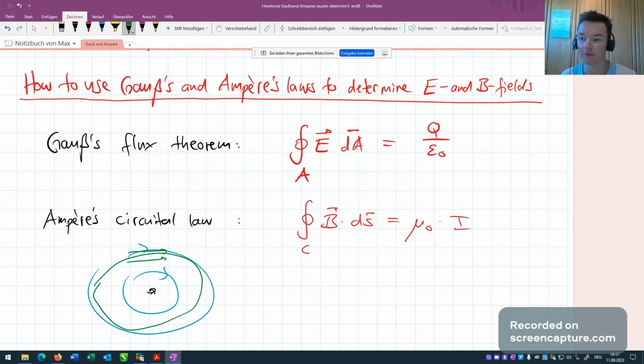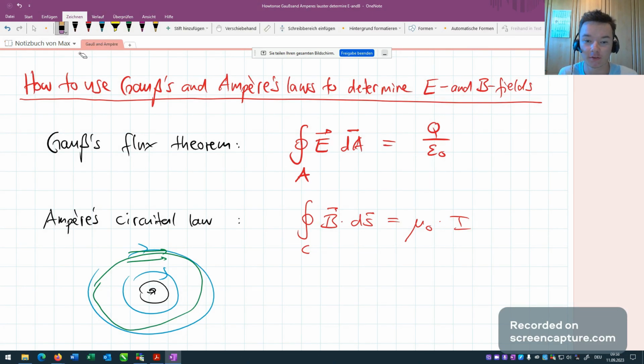So that's going to give us a positive value for the integral, and that one is proportional to the amount of current which is passing through the area which is enclosed by the line. So in that case, we have a wire, that one, in the middle of the area, which penetrates the area. So there's a current flowing through the area, which means that there must be some magnetic field lines along that closed loop.